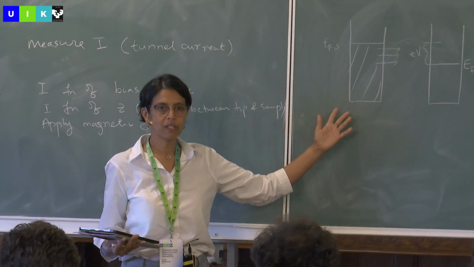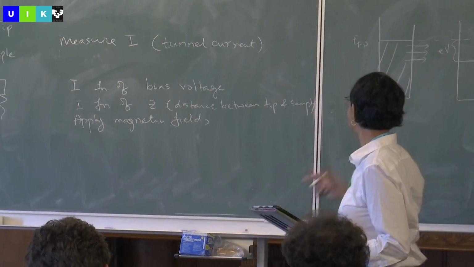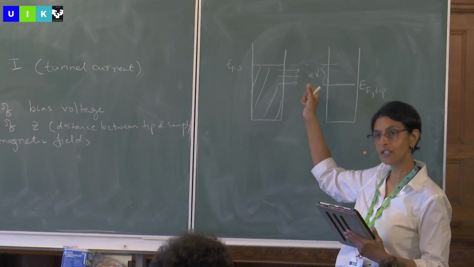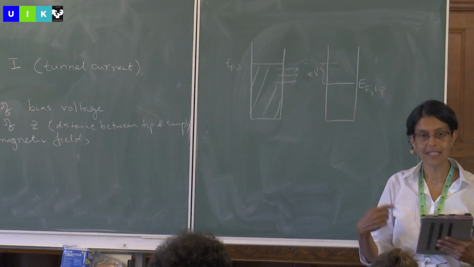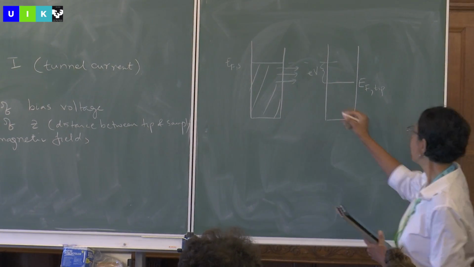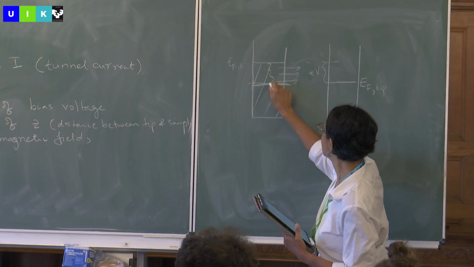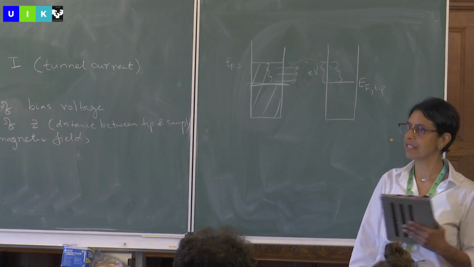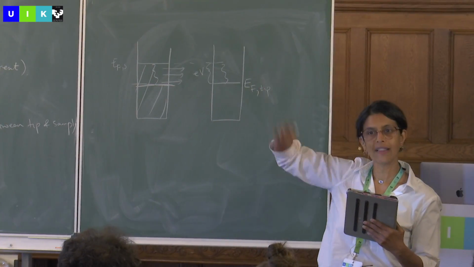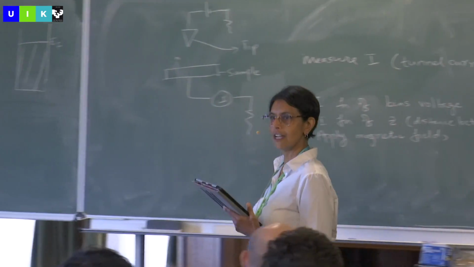By keeping this picture in mind, you can also immediately see that the tunnel current should be proportional to the integrated density of states of both the tip and the sample from the Fermi energy to eV. You integrate that for both the tip and the sample, and that should be proportional to your tunnel current.